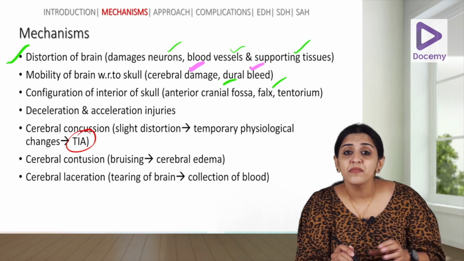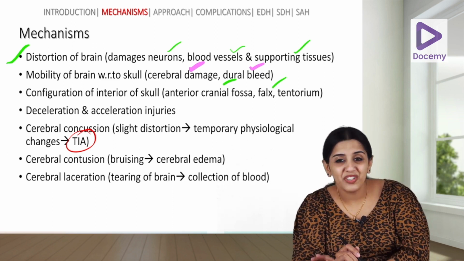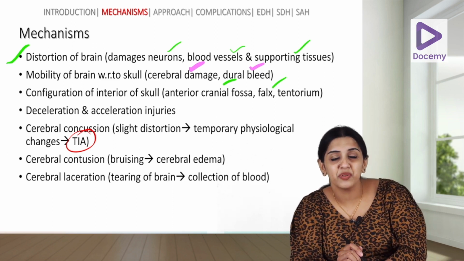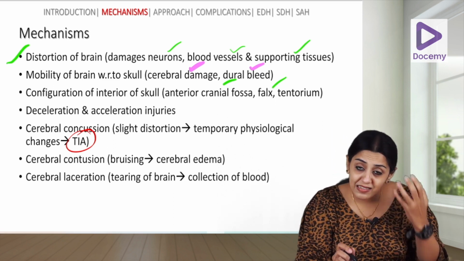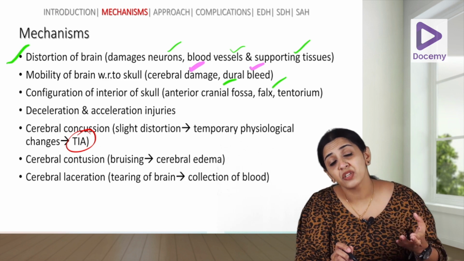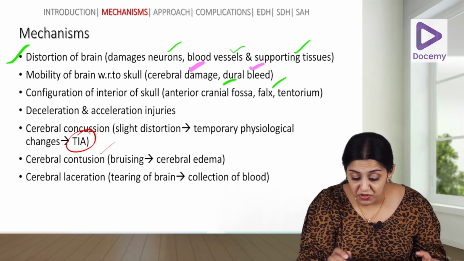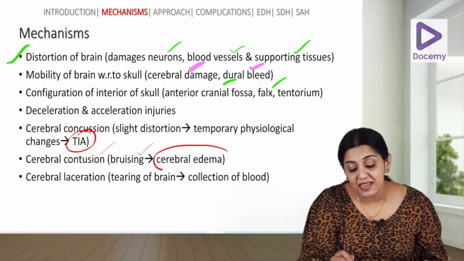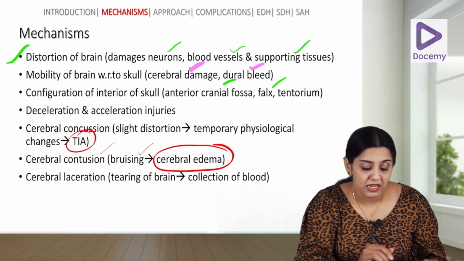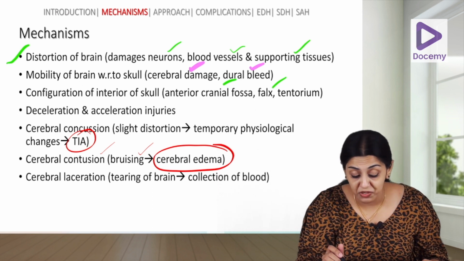Cerebral contusion, what is contusion? It is that bluish discoloration which you see after a major blow, right? So inside the brain also there could be such a bluish discoloration called contusion. It is just bruising of the brain, but there can be cerebral edema associated with that cerebral contusion.